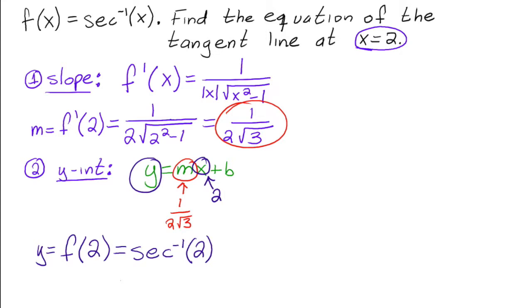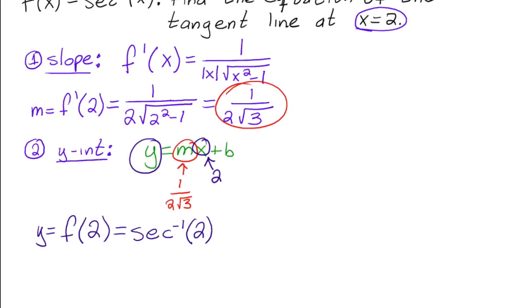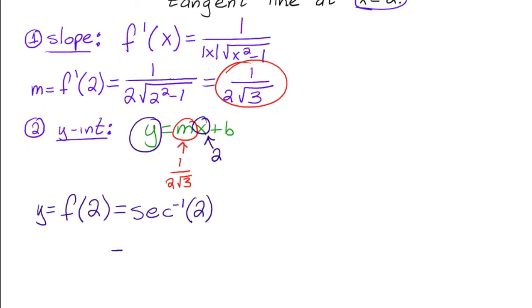Well, inverse secant at 2 isn't one that we usually know right off the top of our heads. So let's translate what this means. This means secant of what angle is equal to 2.